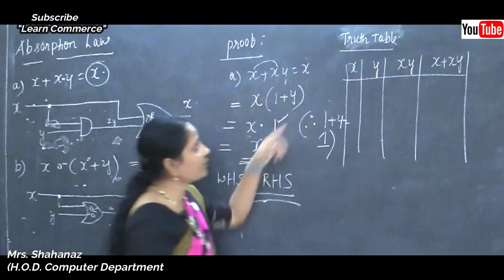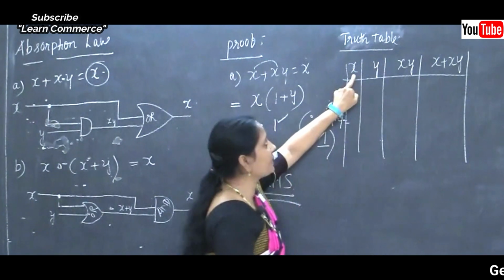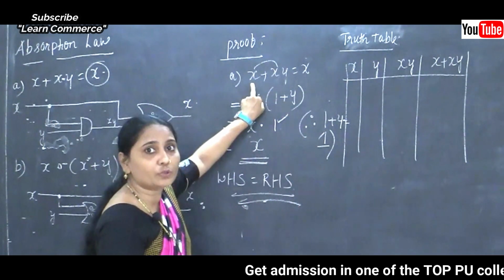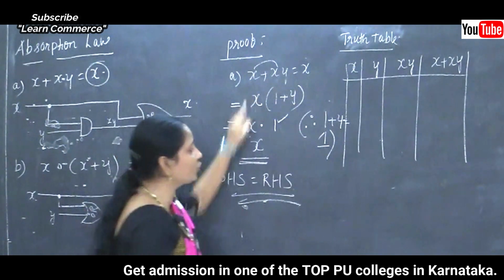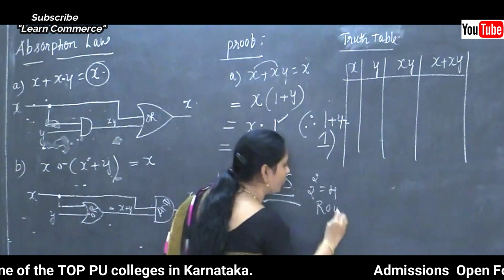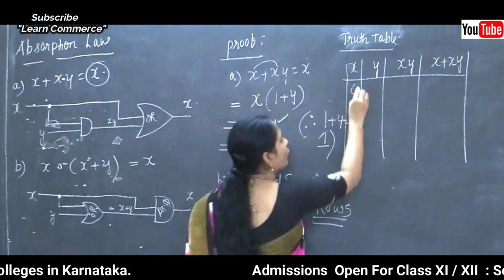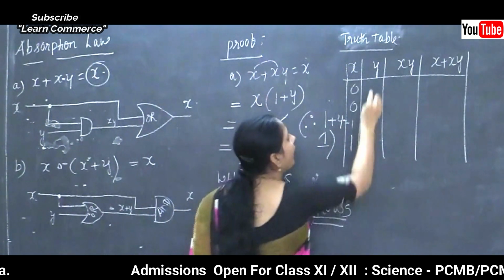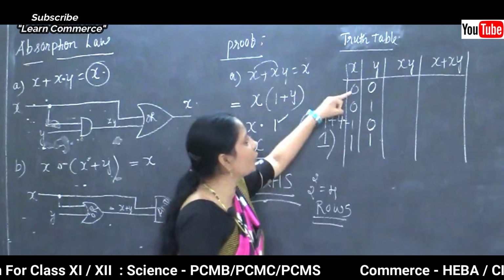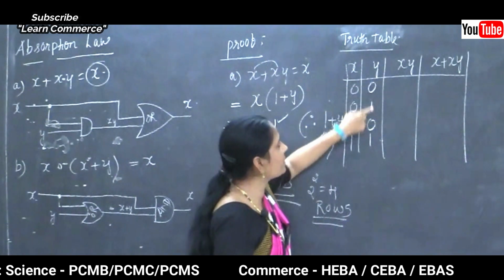Now by using our truth table, how many variables are there in this expression? Just 2 variables. If 2 variables are there, we take 2 to the power of 2, that is equal to 4 rows. So the x column is 0 0 1 1, and the y column is 0 1 0 1.